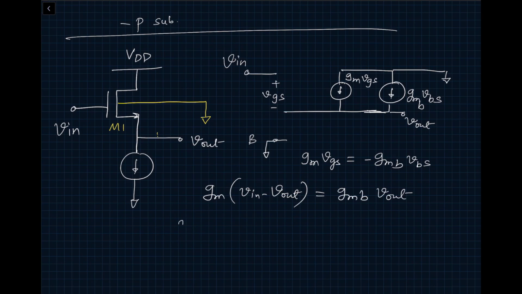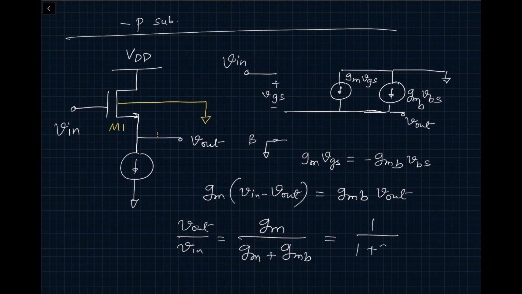And here we go, we get Vout divided by Vin is equal to gm divided by (gm plus gmb), which is equal to 1 divided by (1 plus the eta factor). So this should be less than 1. So in the MOSFET case, our gain is definitely less than 1 because of the body effect.